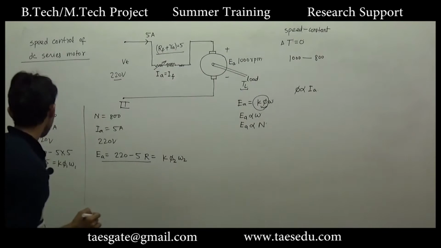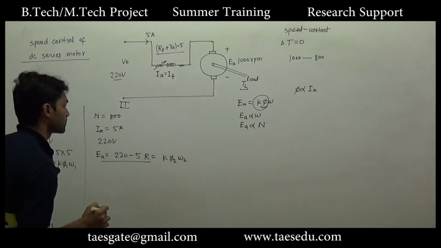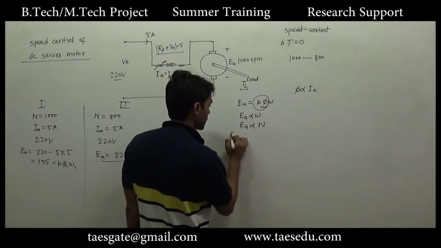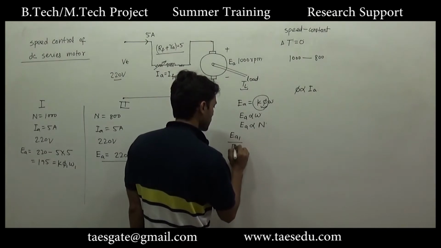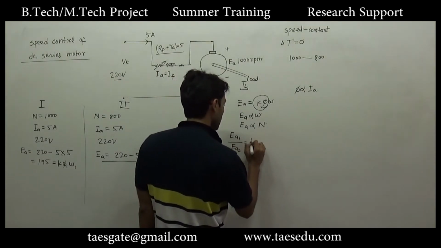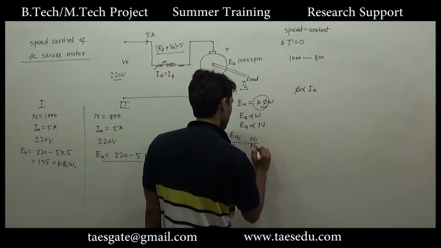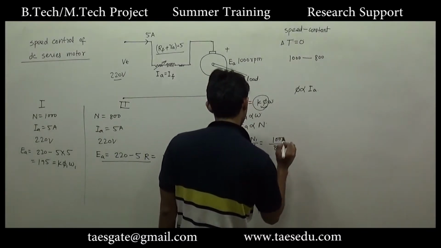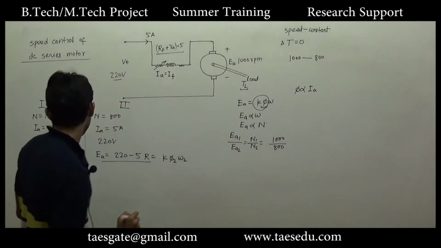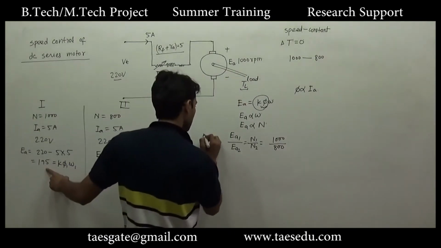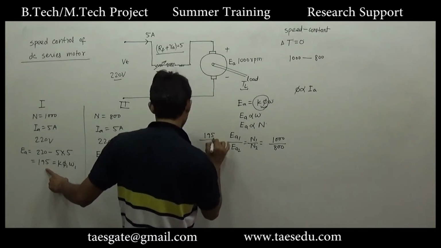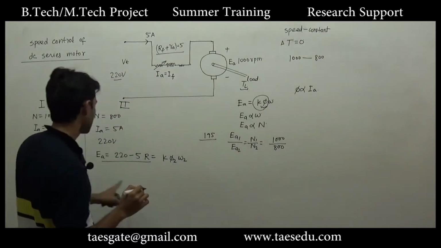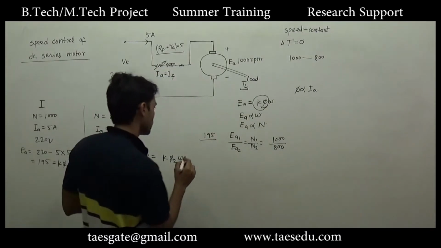So EA1 divided by EA2 will be N1 by N2. N1 is 1000, N2 is 800. EA1 is 195, divided by EA2 which is 220 minus 5R.